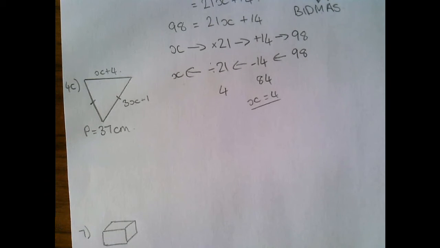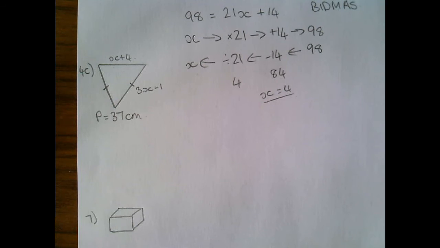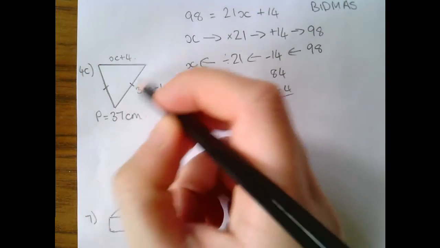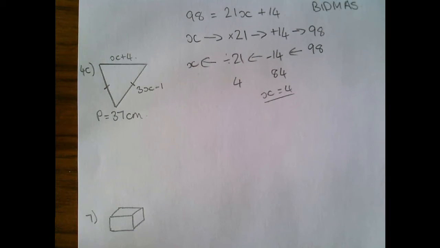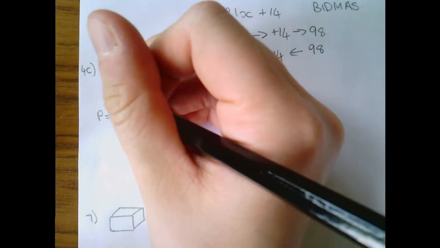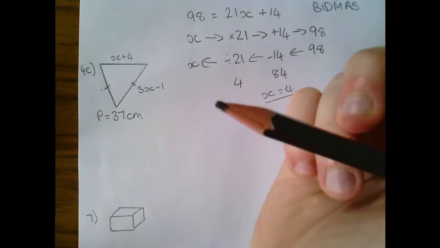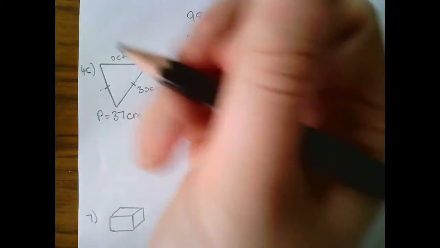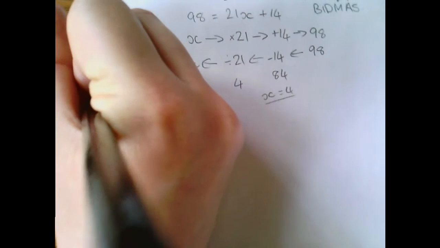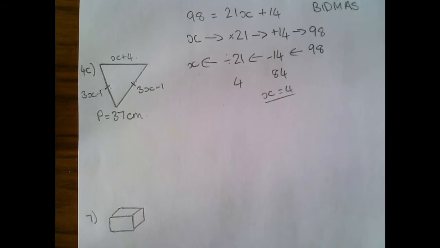For part B, I'm not going to go through this whole question because it follows similar stages to part A. But we need to know what our perimeter is, and we need to recognise that this triangle is an isosceles triangle. These two little dashes mean that these two side lengths are the same. So 3x subtract 1 is how long that side is as well.